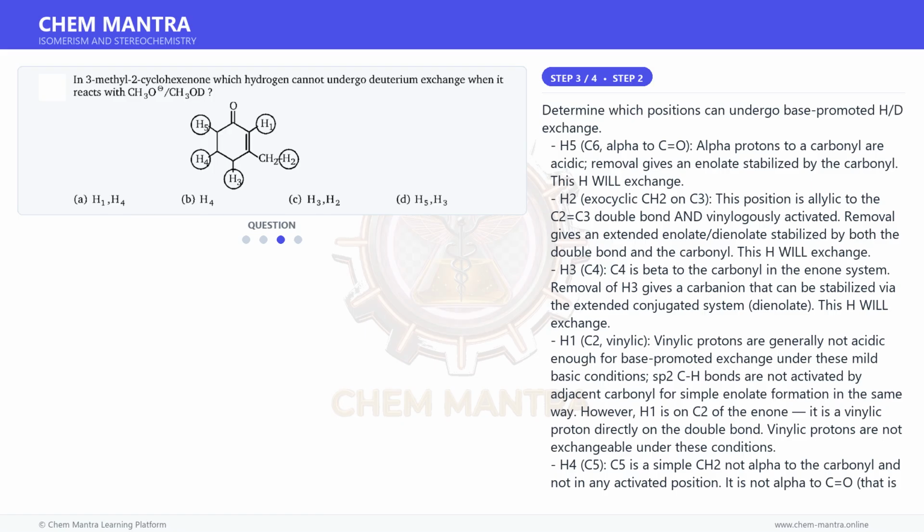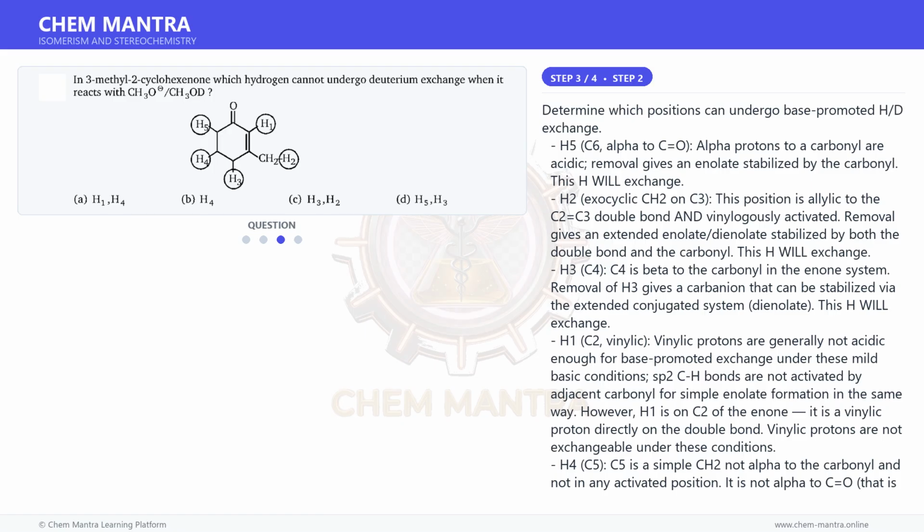This H will exchange. H3, on C4, is gamma to the carbonyl in the enone system. Removal of H3 gives a carbanion that can be stabilized via the extended conjugated system, a dienolate. This H will exchange.